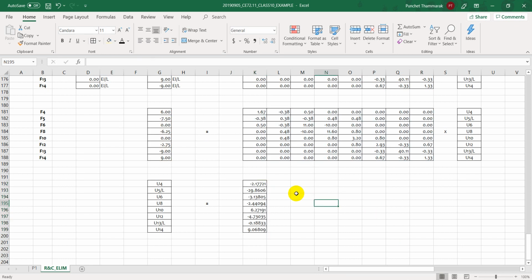U5 over L is equal to this number. So U5 is equal to this multiplied by L. Likewise, multiply by L, and then you get just U13. Other quantities are in radians. So here's your solution.